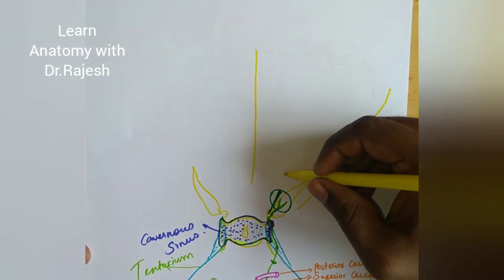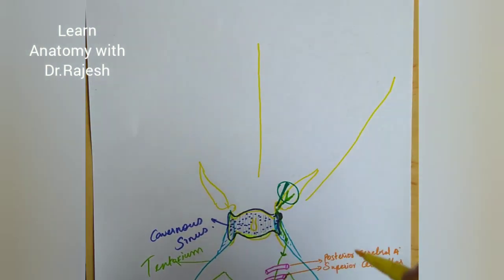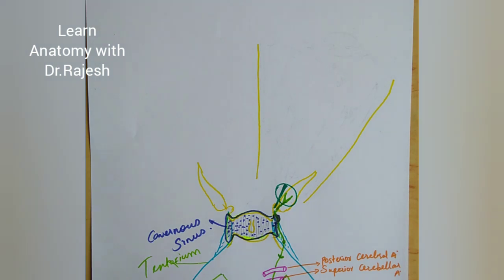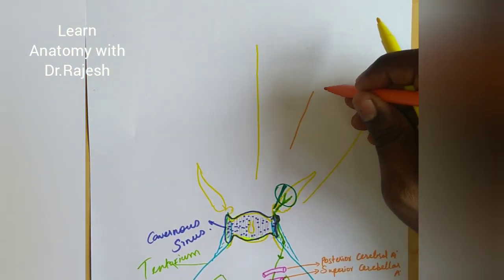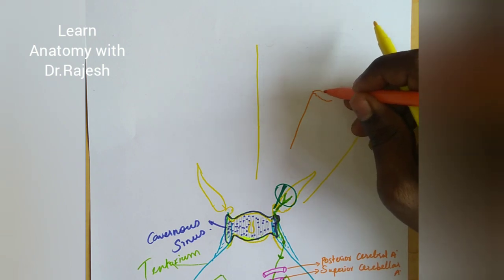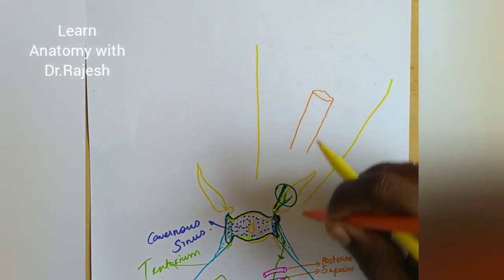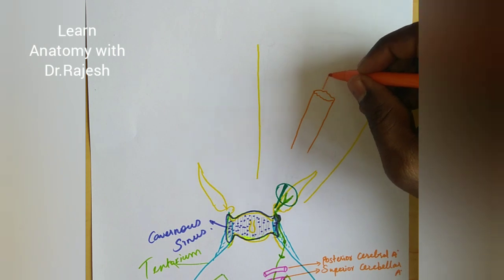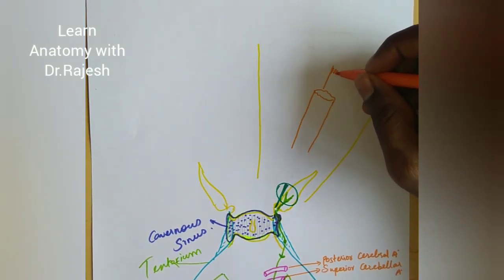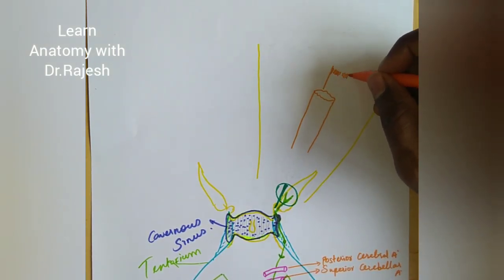The most superficial muscle that you see will be the levator palpebrae superioris. We can cut a part of the levator palpebrae superioris. Immediately below the levator palpebrae superioris, we have the next muscle, the superior rectus muscle, and its insertion.